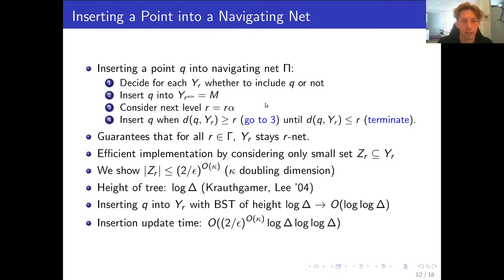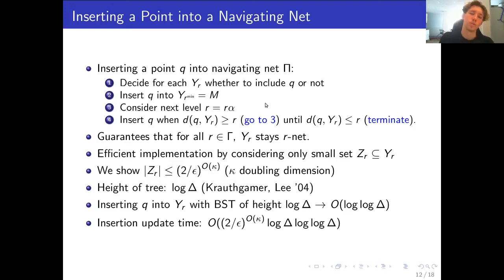So of course, you can show that this guarantees for all R in Gamma that Y_R stays an R-net, and there is an efficient implementation of this algorithm because you're able to consider only a small subset of each of the Y_R, which we call Z_R, and we show in the paper that the size of this Z_R is smaller or equal than 2 over epsilon to the O of kappa.